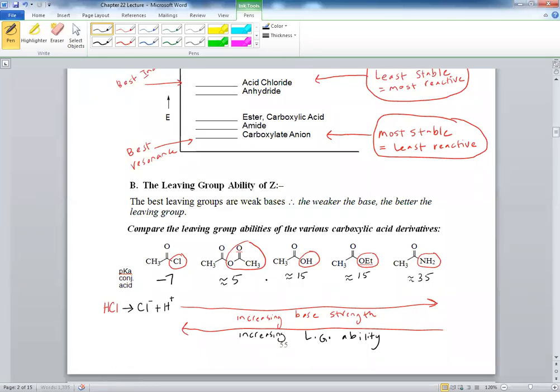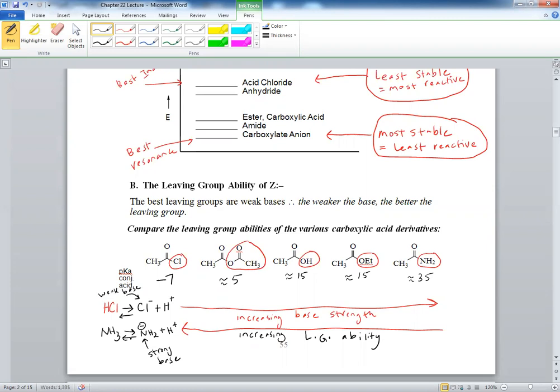That's why it's down here. This is the weakest base, versus if you had an NH3 and it dissociates, let's say this way, into NH2 minus and H plus, this is a strong base, and this is a weak base.